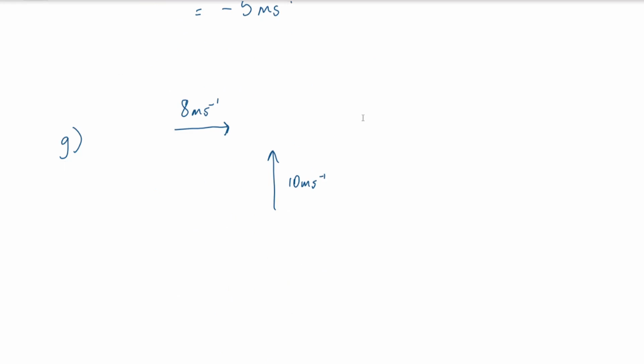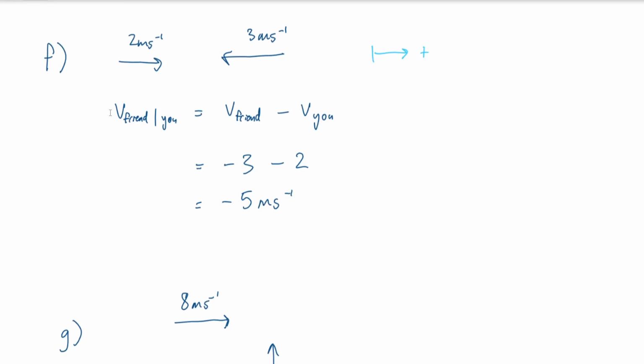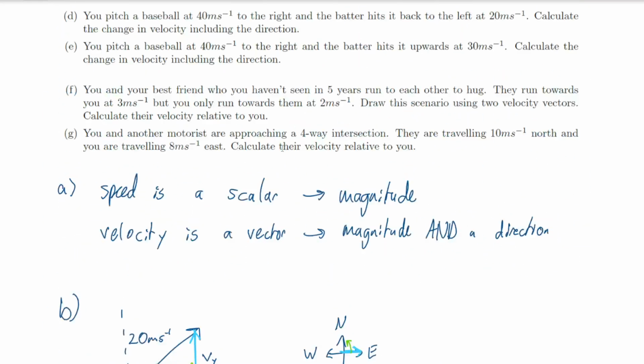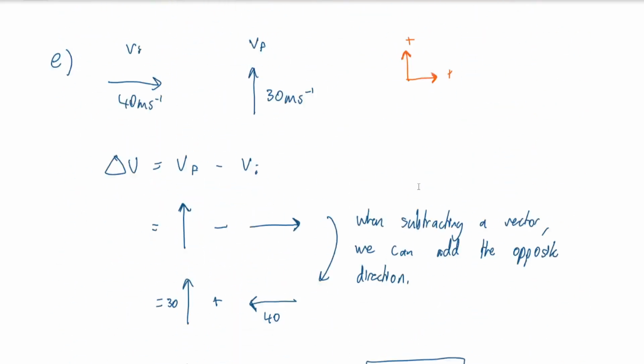Okay, so you're both approaching the intersection. But like part F, to find their velocity relative to you. So let's just reread the question. Yeah, their velocity relative to you.